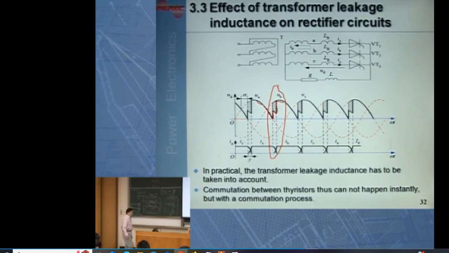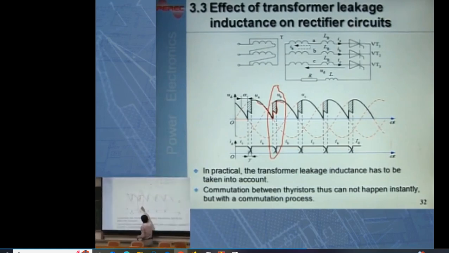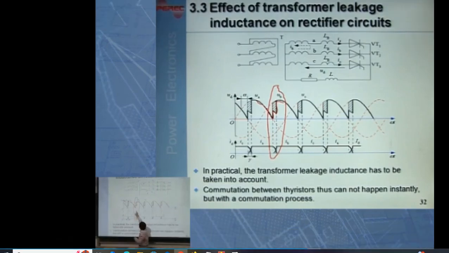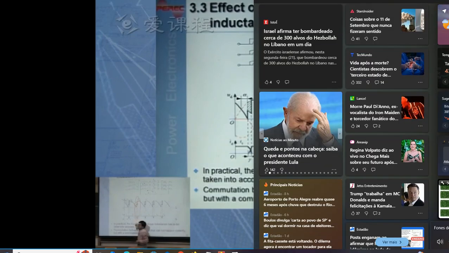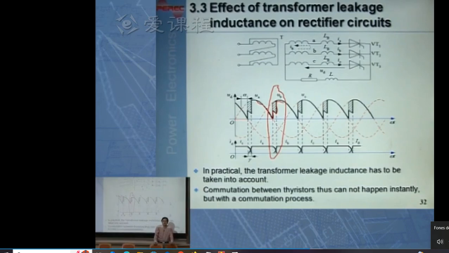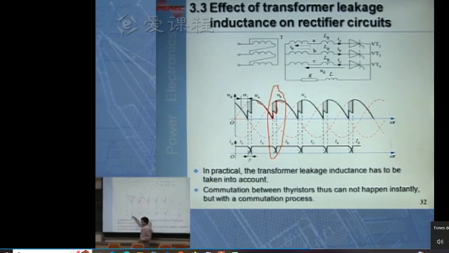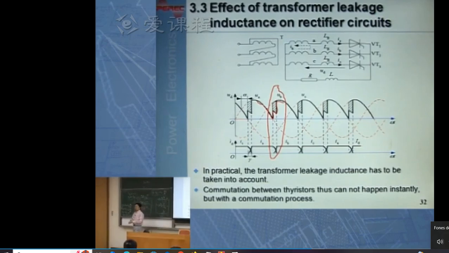So if the output voltage is changing like this, what is the actual effect? Originally, we expect that the output voltage would change to UB directly after this point. But now it's not UB, it is half of UA plus UB. That means we lose part of the positive voltage in the output. This shaded part is what we lose in the output voltage.